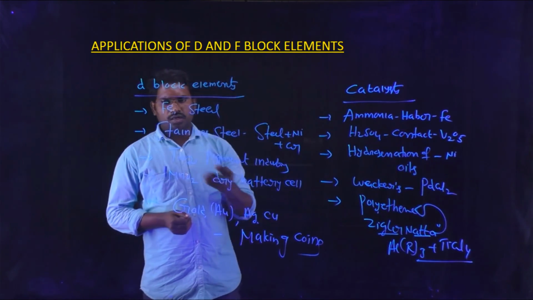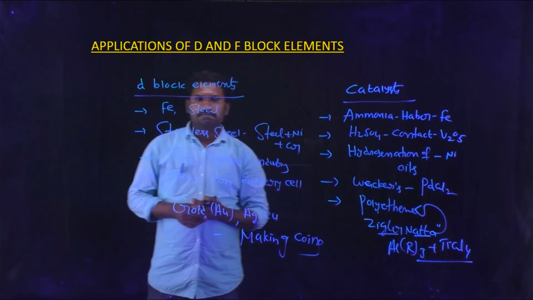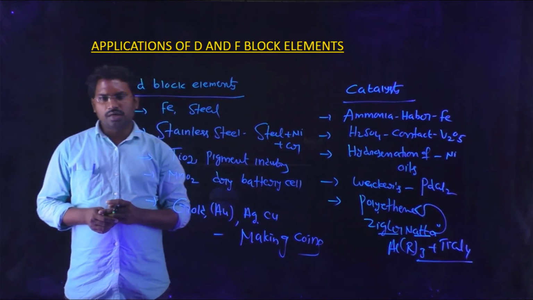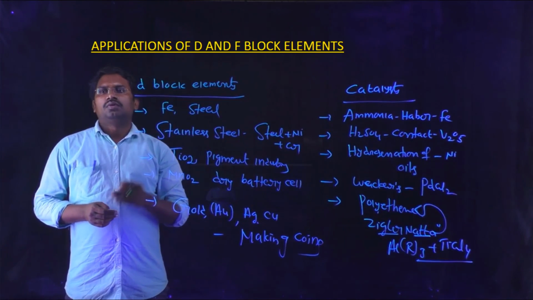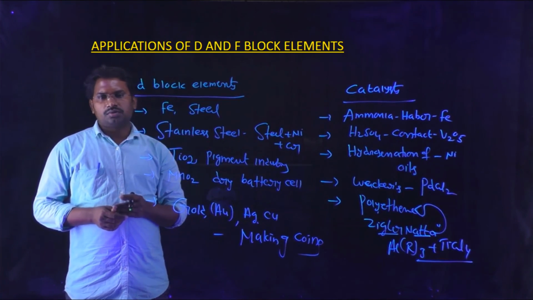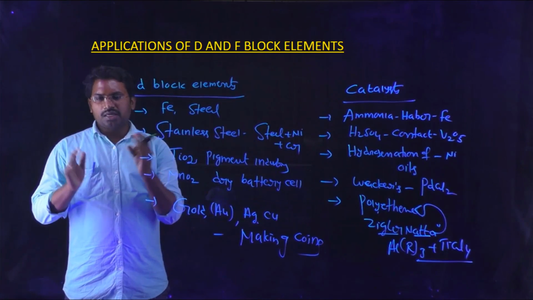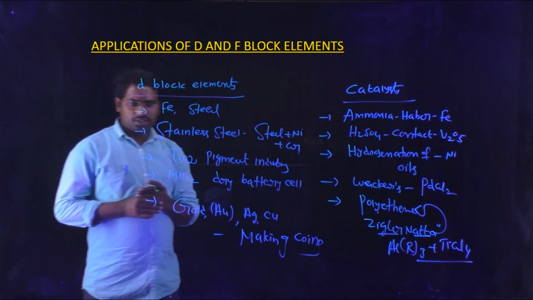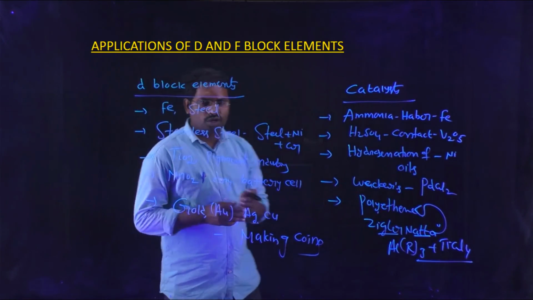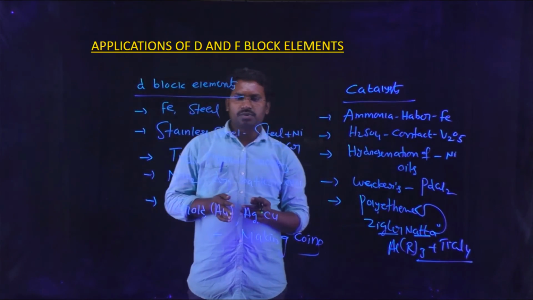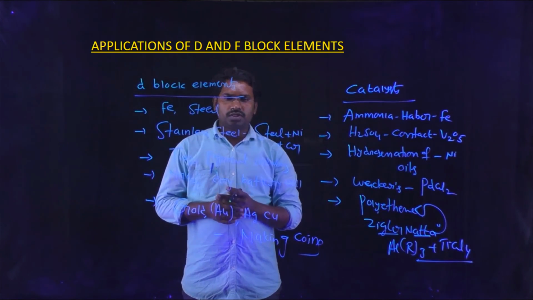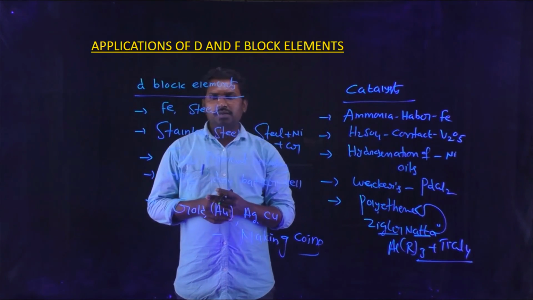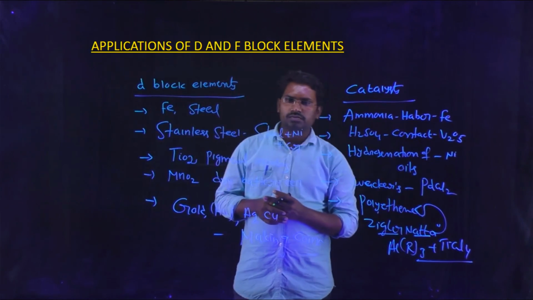So let me recall what we learned in this video. Especially in this video we focused on actinoids. This belongs to the f block. The f block mainly consists of two series, 4f series elements and 5f series elements. 4f series elements are known as lanthanoids, and 5f series elements are actinoids. The 14 elements which come after actinium are known as actinoids.